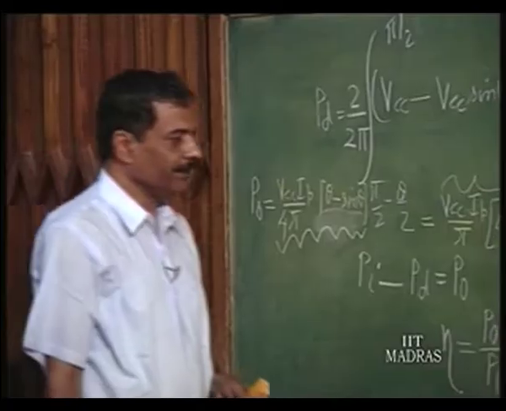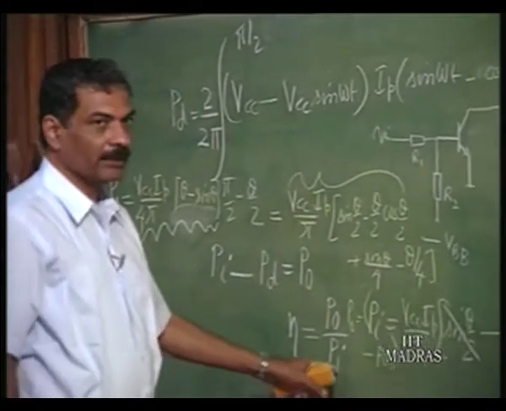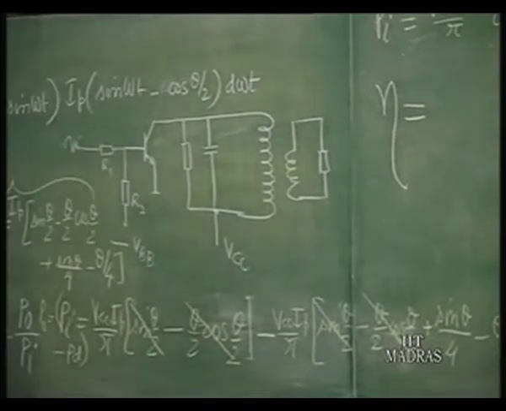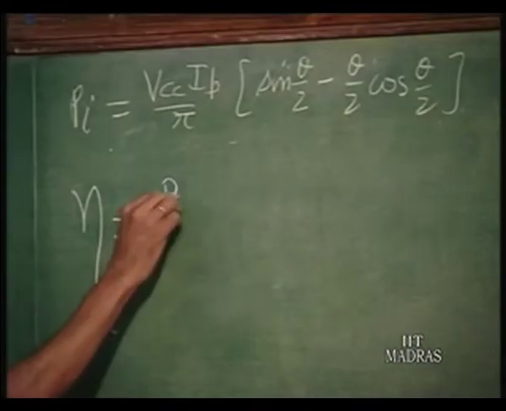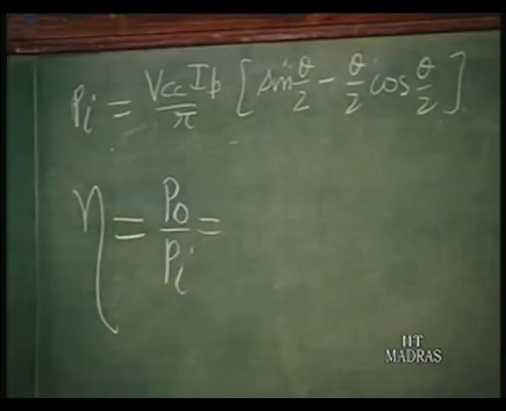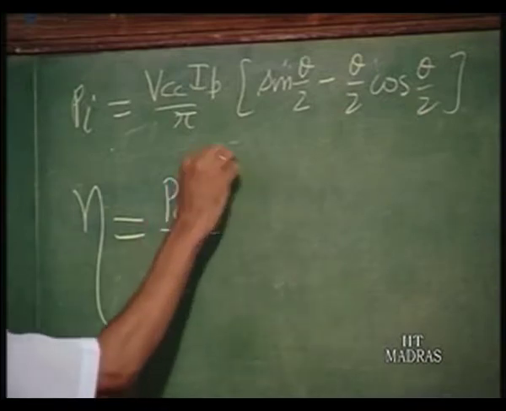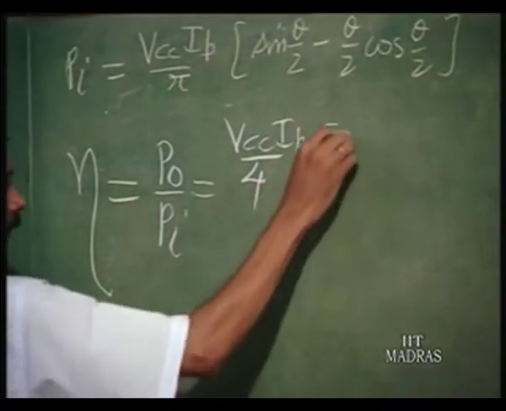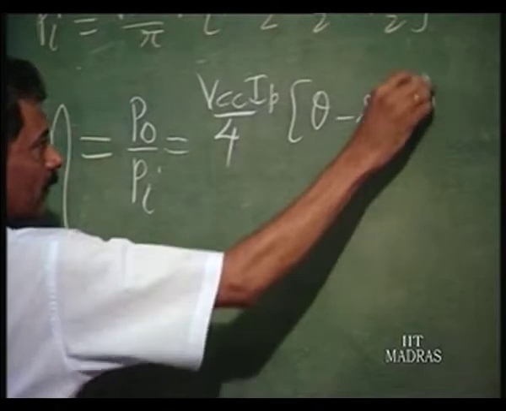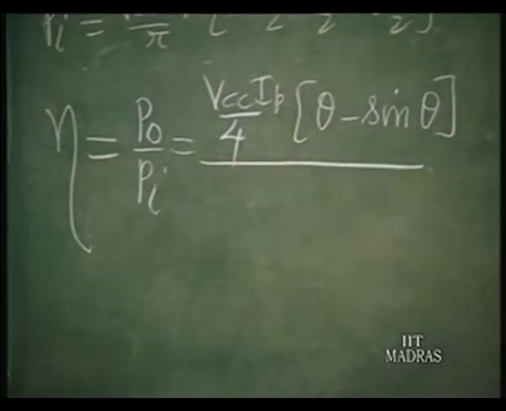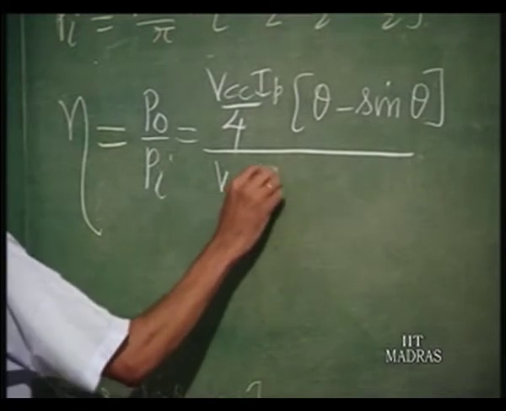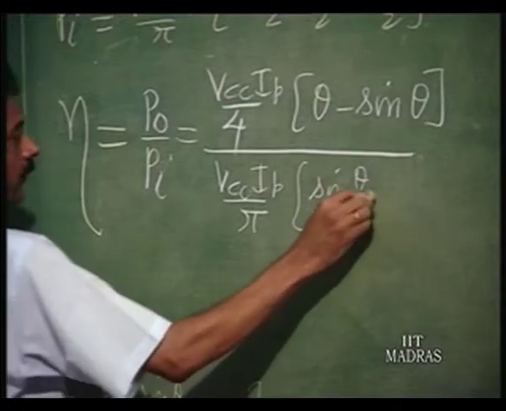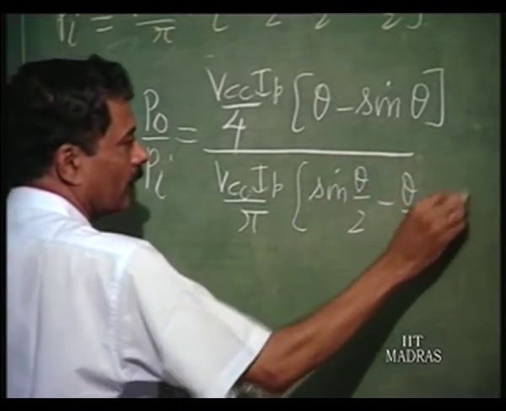Now we are ready for the efficiency, which is output power by input power. So, the efficiency equals output power by input power, output power being VCC IP by 4 into theta minus sin theta, divided by input power, which is VCC IP divided by pi into sin theta by 2 minus theta by 2 cos theta by 2.